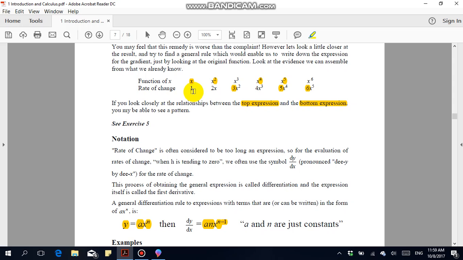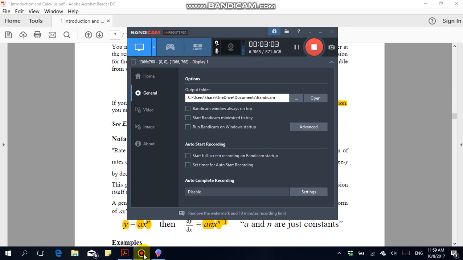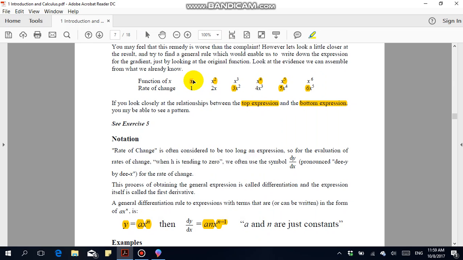Let me go back and show it to you. Let's see how much time we're left with. Okay, cool, we have plenty of time. So for example, if this is x to the power 1, when you do the rate of change, which is you do dy by dx, so you're finding your differential for this. So you multiply, this was x to the power 1, so you multiply that power with 1, it becomes 1x, and you subtract 1 by 1, and your final answer becomes x to the power 0.